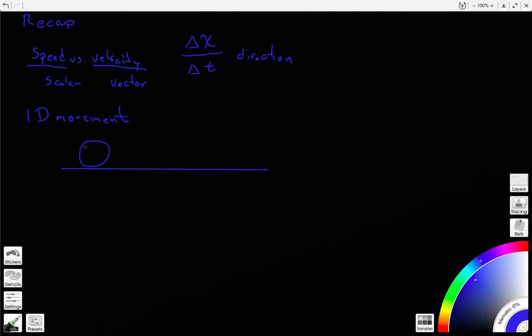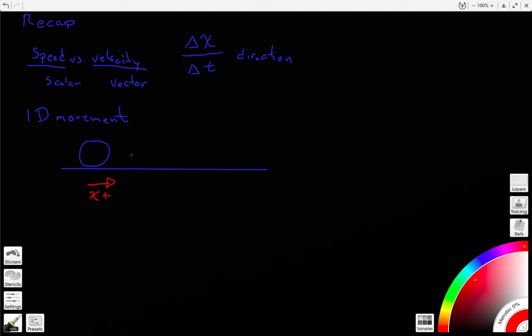Okay, so imagine that we're going to be analyzing the movement of this ball over this surface right here. When we talk about speed, I'm sorry, velocity, in one-dimensional movement, we need to specify which direction is the positive direction. So this will be a positive x, right?